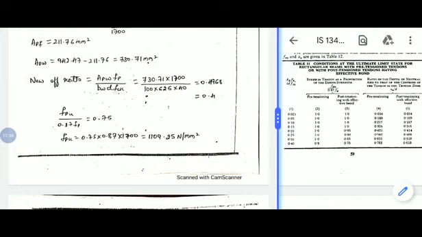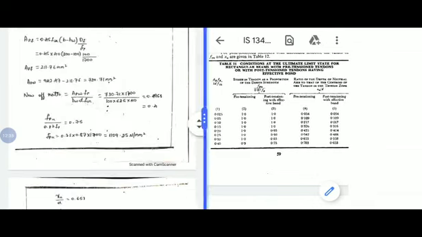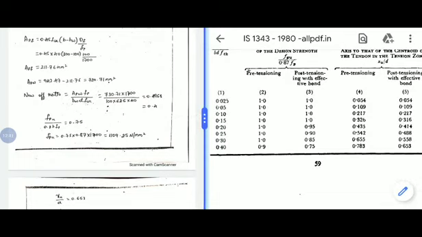Here it is 0.4968, but you can observe in table number 11 the maximum value given is 0.4 only. So directly we need to consider the value of 0.4. Since it is post-tension with effective bond, for 0.4 we have an FPU by 0.87 FP ratio of 0.75 and an XU by D ratio of 0.653.